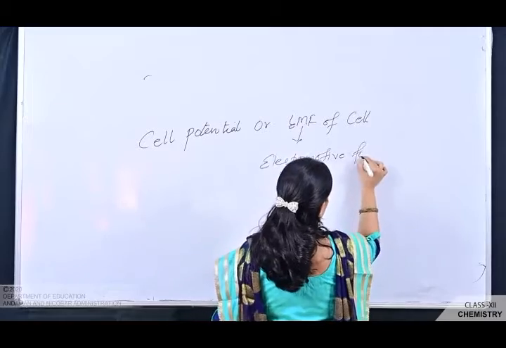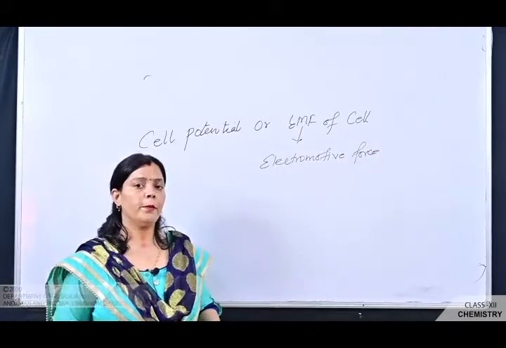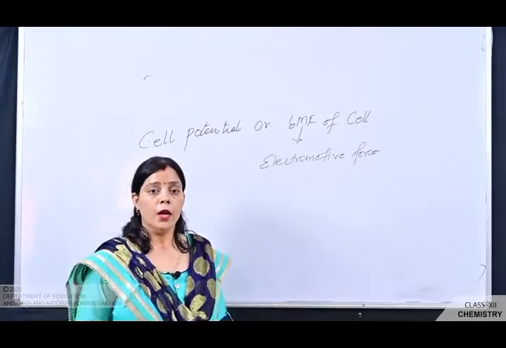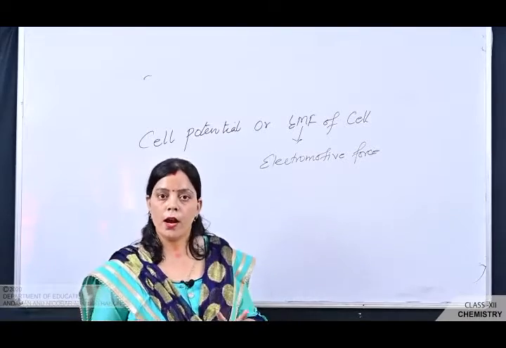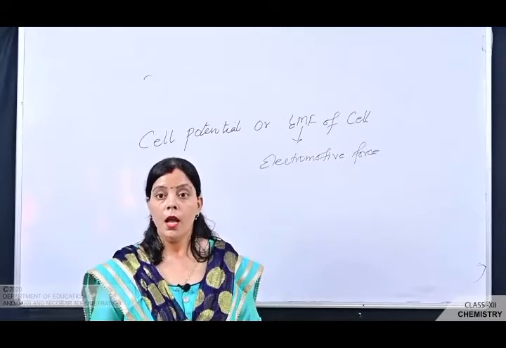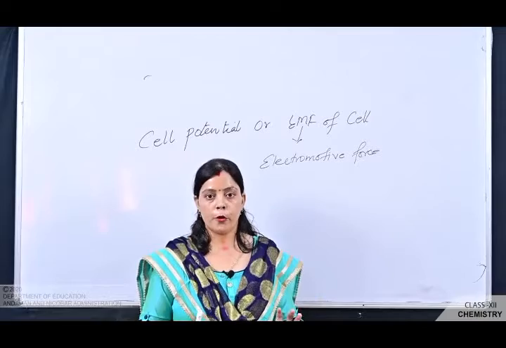First, what do we mean by the term cell potential or EMF of the cell? An electrochemical cell consists of two half cells, one is the oxidation half cell and the other is the reduction half cell. The electrodes in these half cells have different electrode potentials.